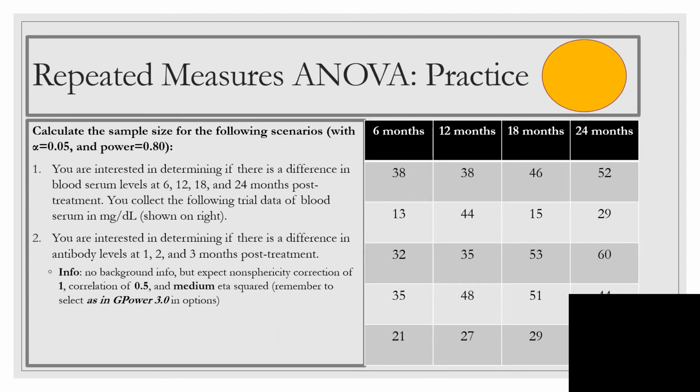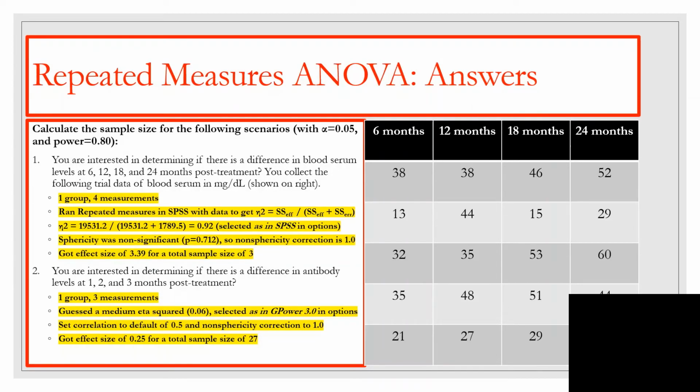Here are some examples for repeated measures ANOVA. Take some time to try these yourself for blood serum levels and antibody levels. For the first one here, we have data on the right.